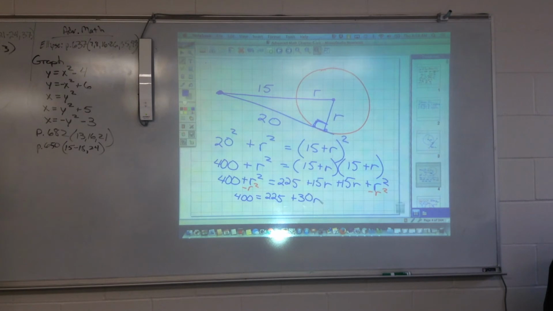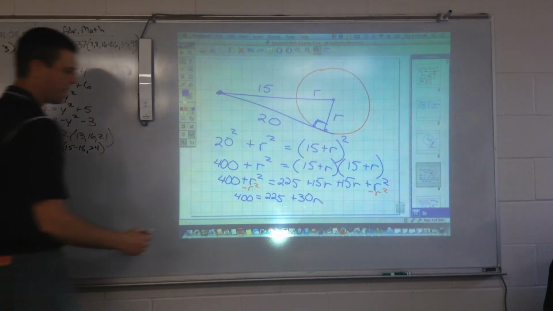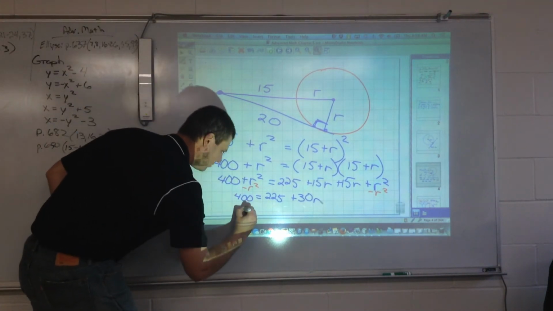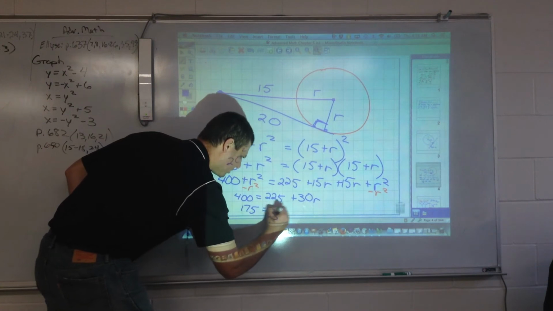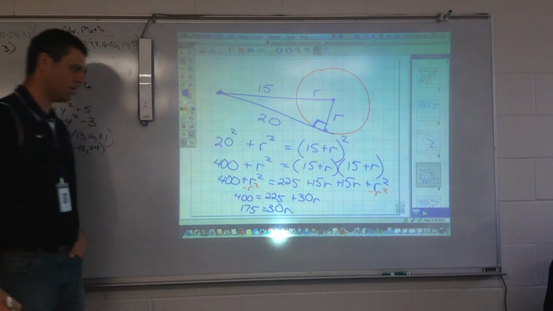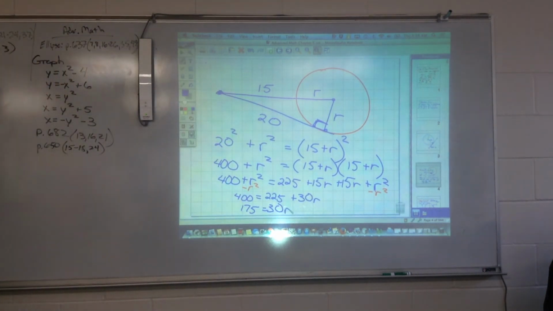Subtract the 225 and then divide by 30, right? Subtract 225, so that'd be 175 equals 30r. Divide both sides by 30, and you get 5.83 repeating.